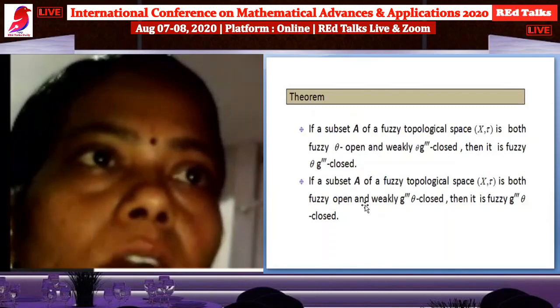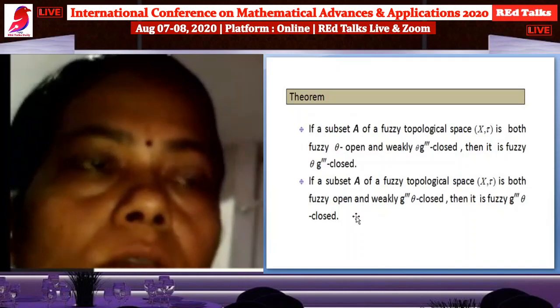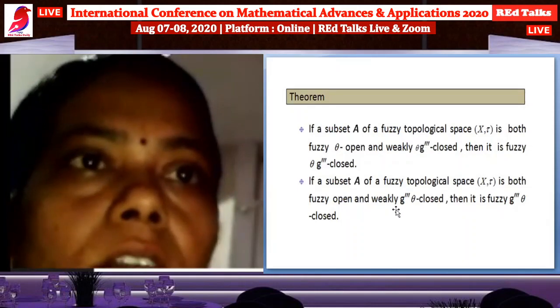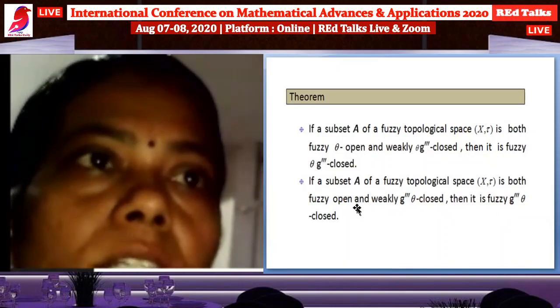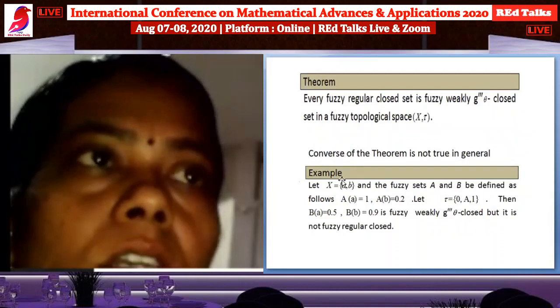Theorem: if a fuzzy set A of a fuzzy topological space is both fuzzy theta open and fuzzy weakly theta G triple dash closed, then it is fuzzy theta G triple dash closed. If a fuzzy set is both fuzzy open and weakly G triple dash theta closed, then it is fuzzy G triple dash theta closed.